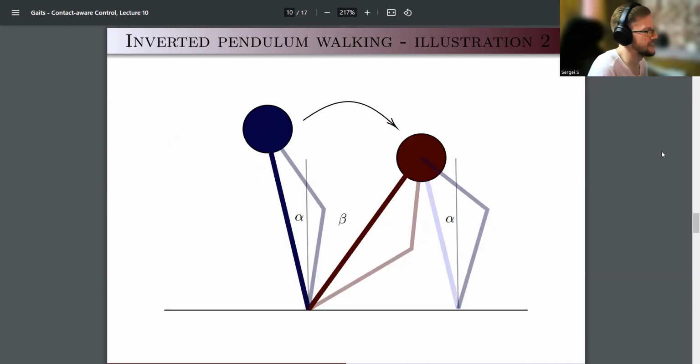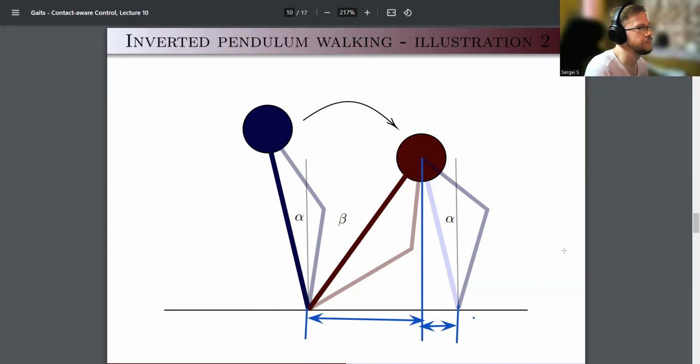Now let's look one more time at this picture, but now with legs. As I said, here is our step, which depends basically on alpha and beta. This part remains constant because we fixed beta. This part depends on alpha. Now, what happens if we decrease alpha?